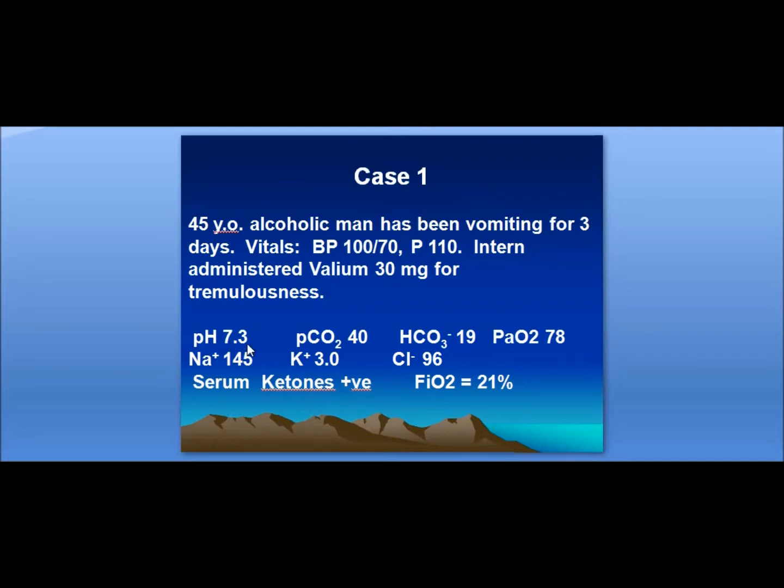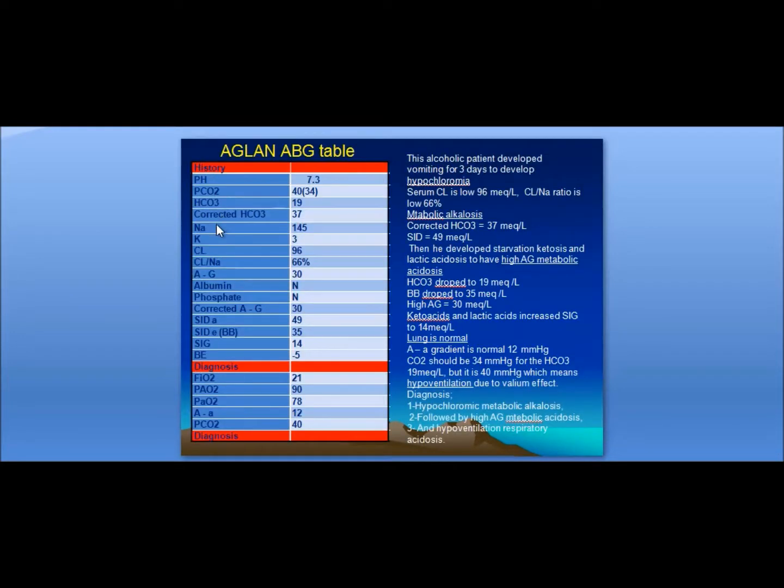pH 7.3, partial pressure of carbon dioxide 40, bicarbonate 19, partial pressure of oxygen 78, sodium 145, potassium 3, chloride 96, serum ketone positive, FiO2 21. Let's come and study the Aglan ABG table.